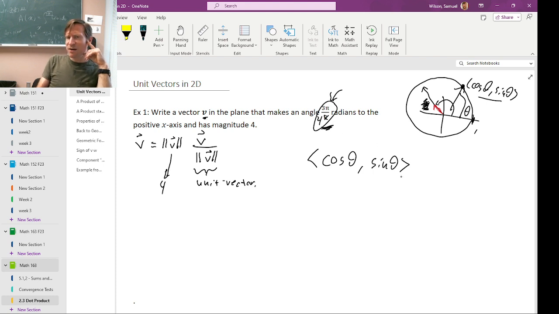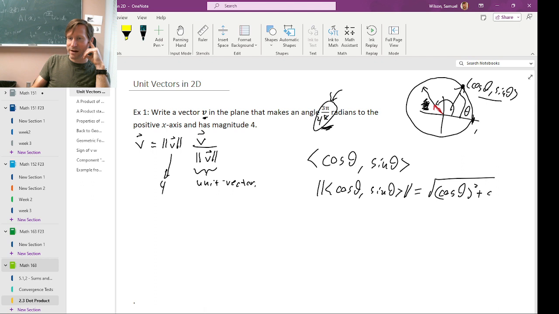But we do need to be careful about whether this is a unit vector. Remember, what we really wanted was a unit vector. Well, let's compute the magnitude of this vector, because if it isn't a unit vector, then we'll just divide out its magnitude to get a unit vector that points in this direction. So the magnitude of this is, of course, the square root of the square of the first component plus the square of the second component.